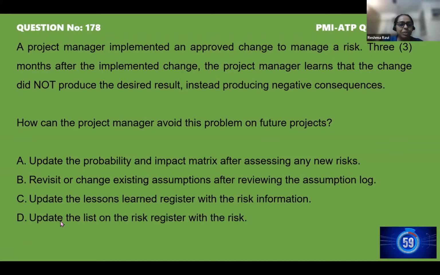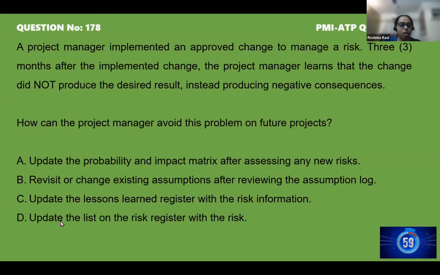So I'll read the question first. A project manager implemented an approved change to manage a risk. Three months after the implemented change, the project manager learns that the change did not produce the desired result, instead producing negative consequences. How can the project manager avoid this problem on future projects?